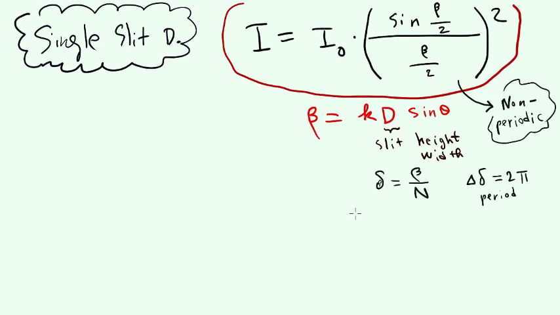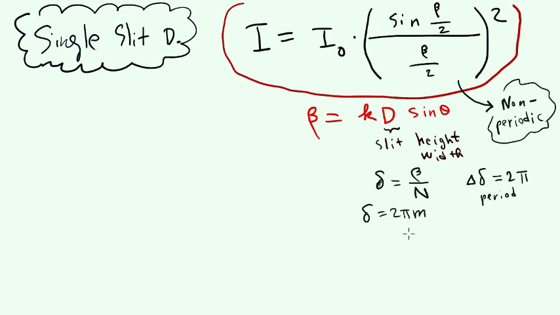Another thing is, where is the minimum value? So when we use this delta parameter in the context of the n slit problem, we know that delta equals 2 pi m.